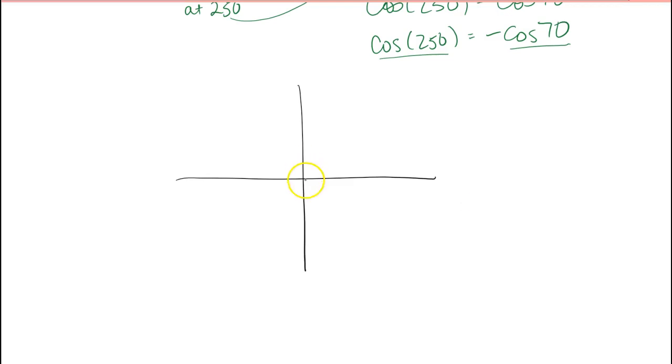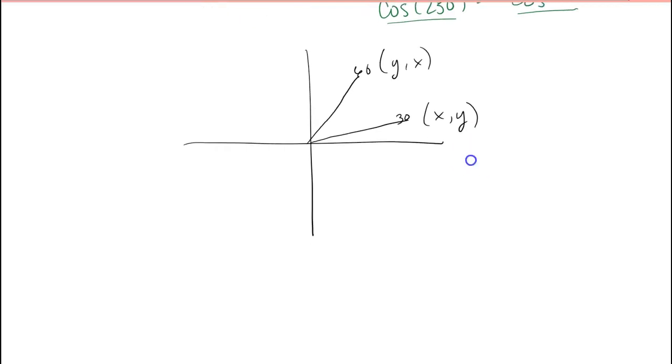Something I want to remind you guys of is that when we did our 30 and our 60 for the unit circle, remember how they formed the same triangle so that whatever was the x and y here just switched places whenever we moved up to 60? I hope you guys remember that. That's important, because if you understand that, then if I gave you something else, like maybe 10 degrees, and I started talking about 80 degrees, I want you to understand that the 80 and the 10 would have the same exact relationship.